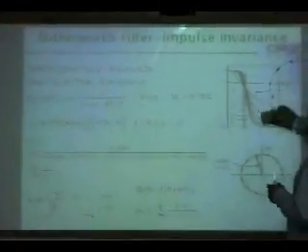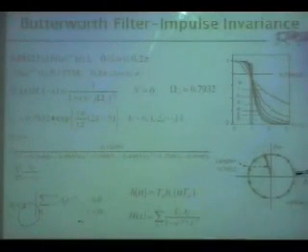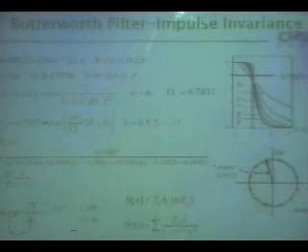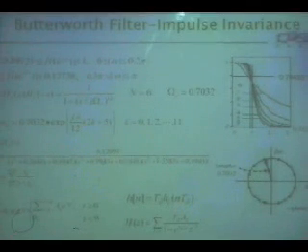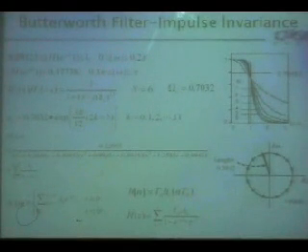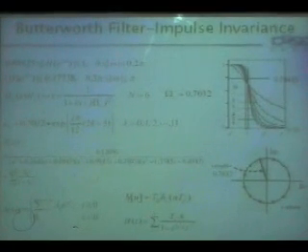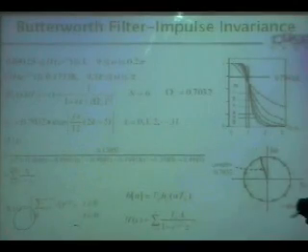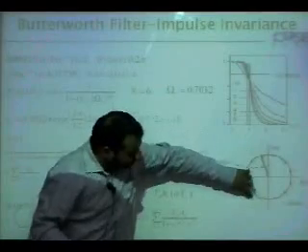So here are all the poles. Now you take only these 6, 1, 2, 3, 4, 5, 6.